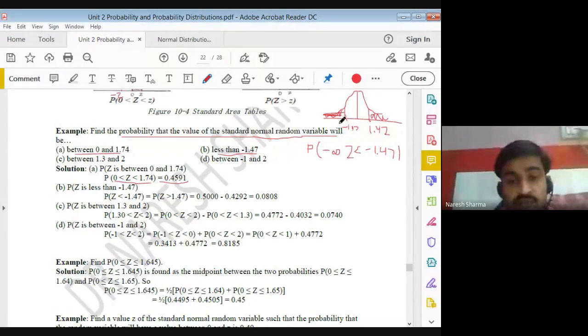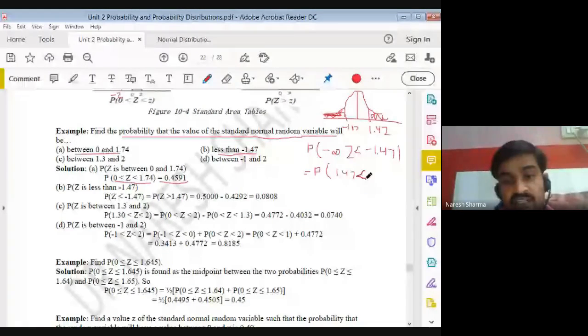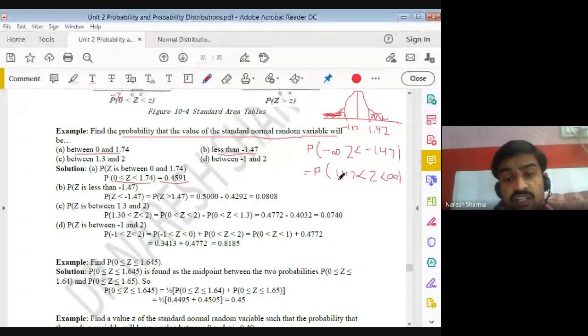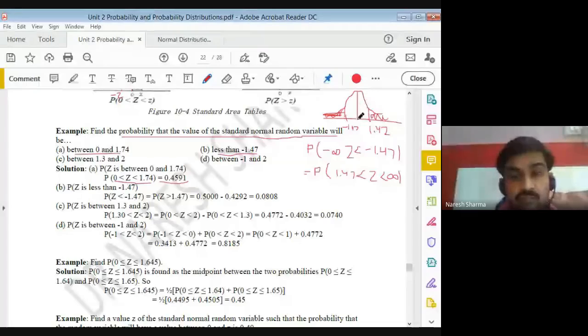So we may write this probability as the probability that Z is greater than 1.47, up to infinity, right? But the problem is that this is from 1.47 to infinity, while our table starts from 0.